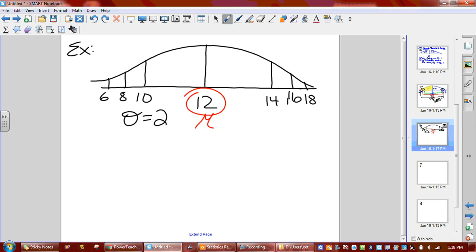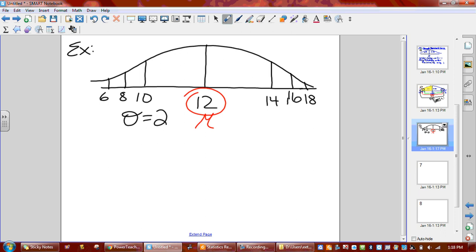Okay? Now, if I wanted to say how much data is between 10 and 14, how much data would be between 10 and 14? 68%. Now, how did you find that number? You remembered because we're going to change these numbers now to the -5 to +5.